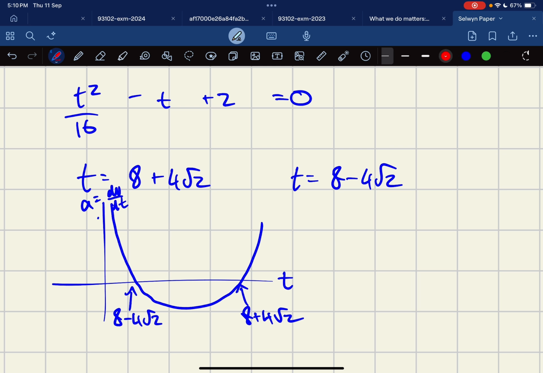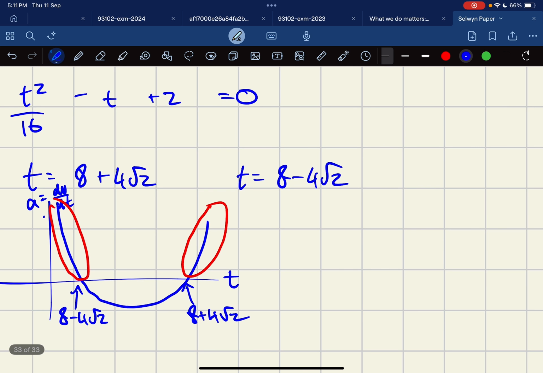So where is the change in velocity positive, or when is velocity increasing, which is here and here. So in both those regions, the acceleration is positive, which therefore means that velocity is increasing. So here, between 0 and 8 minus 4 root 2, that's the first region.